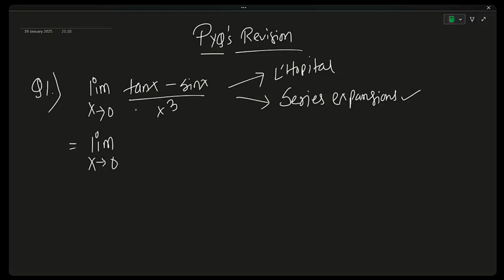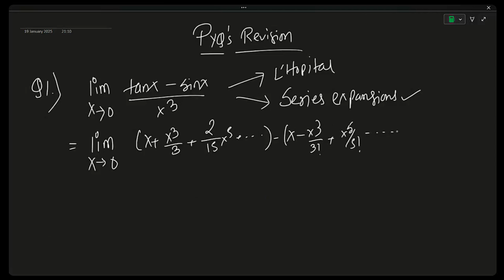Now, how do we apply that? You have already studied in the lectures. Tan x can be written as x plus x cubed by 3 plus 2 by 15 x to the power 5, and so on. And sin x can be written as x minus x cubed by 3 factorial plus x to the power 5 by 5 factorial minus and so on. And this whole thing is divided by x cubed.